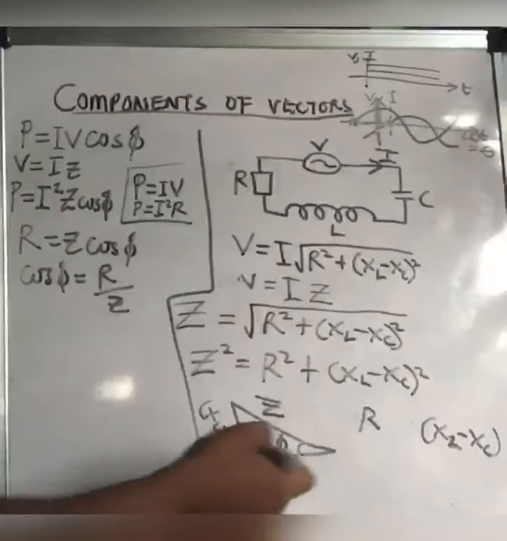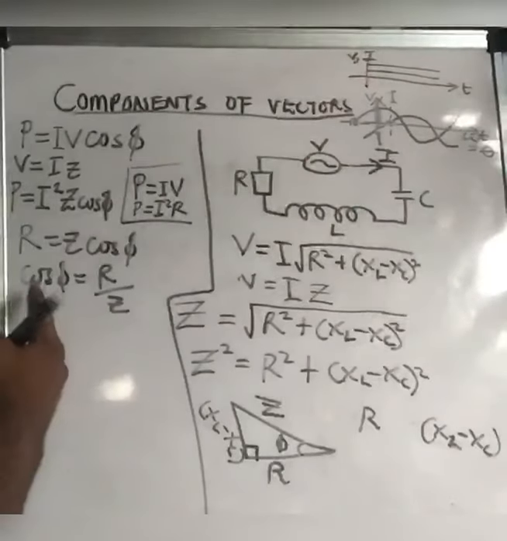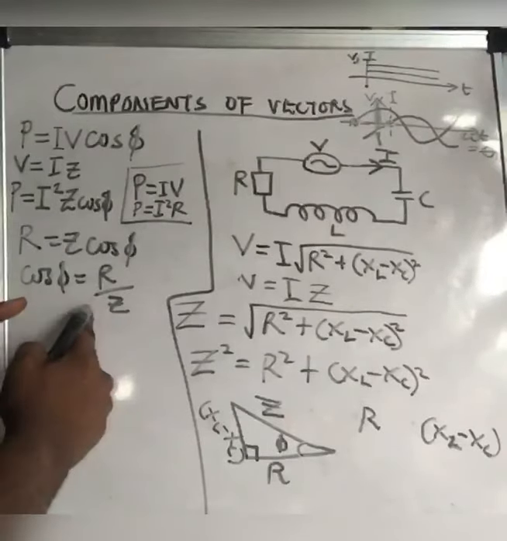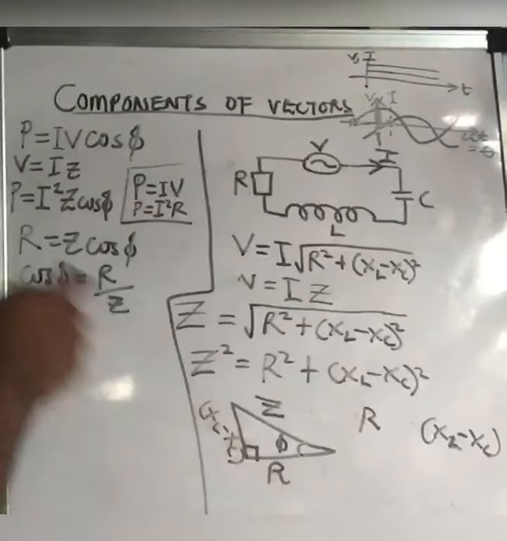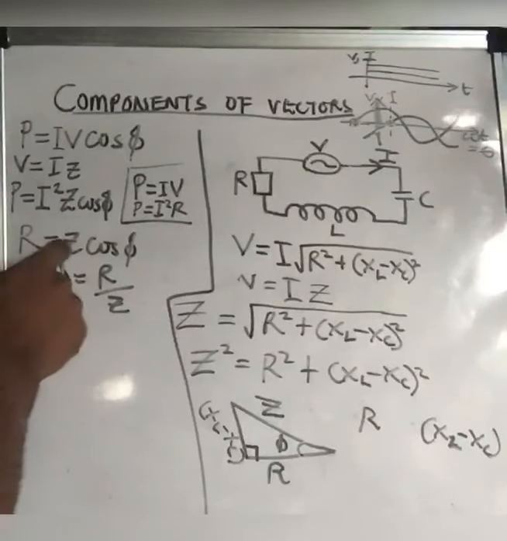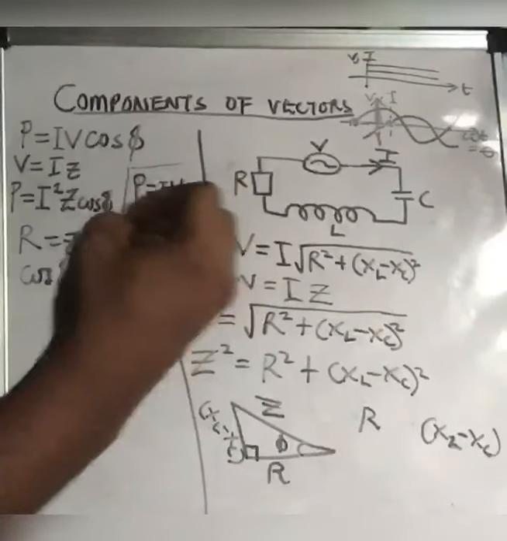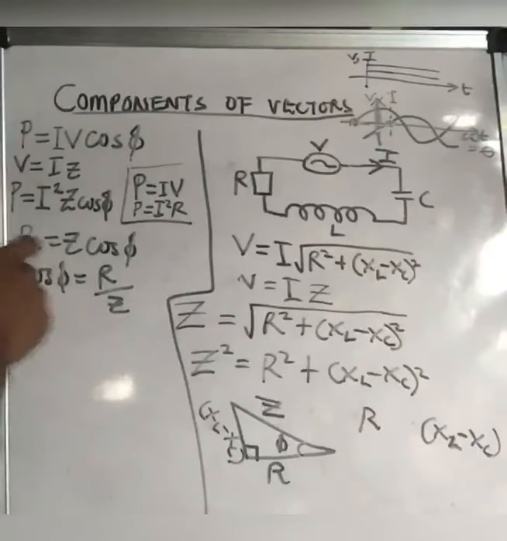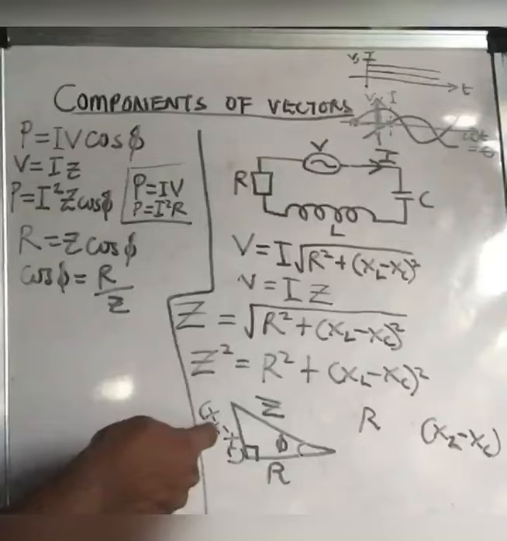Then now, understanding this right angle triangle, we can do the same thing here. The component R is equal to Z cos phi. So based on the phase angle, the phase difference, R is the cos component of the impedance.